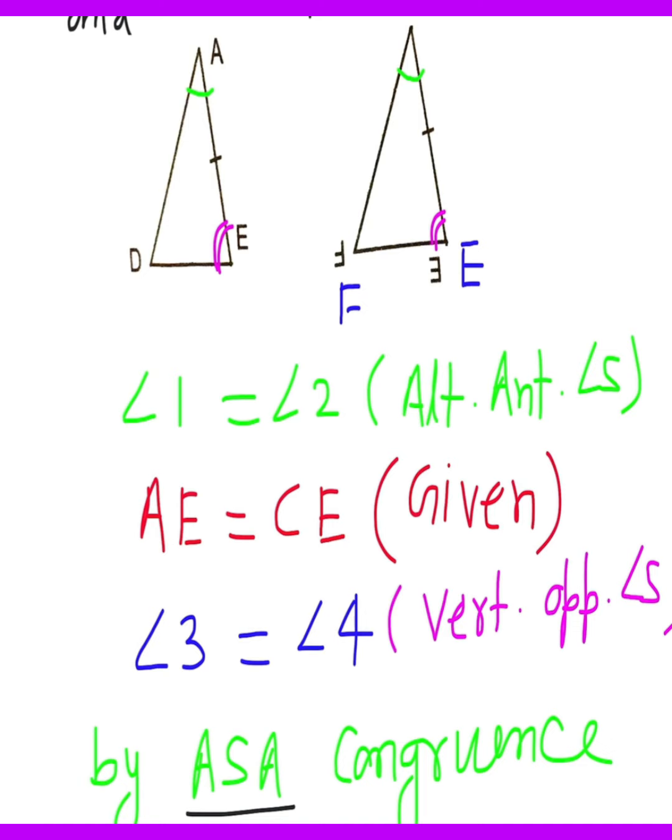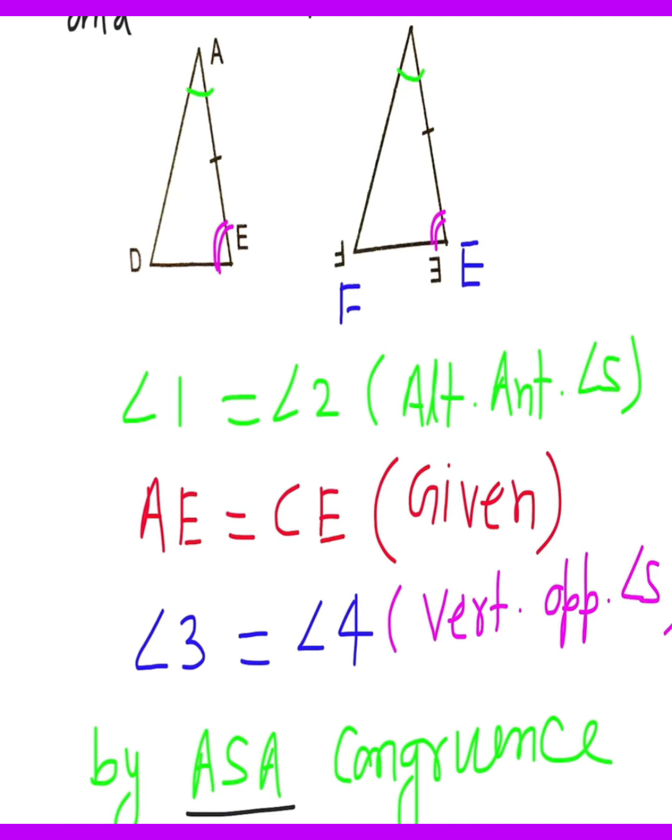So finally you can say that corresponding parts means AD, this left side, is equal to the left side, and base side equal to the base side, because our requirement is to prove the relation of sides, so we take only sides, not angles.